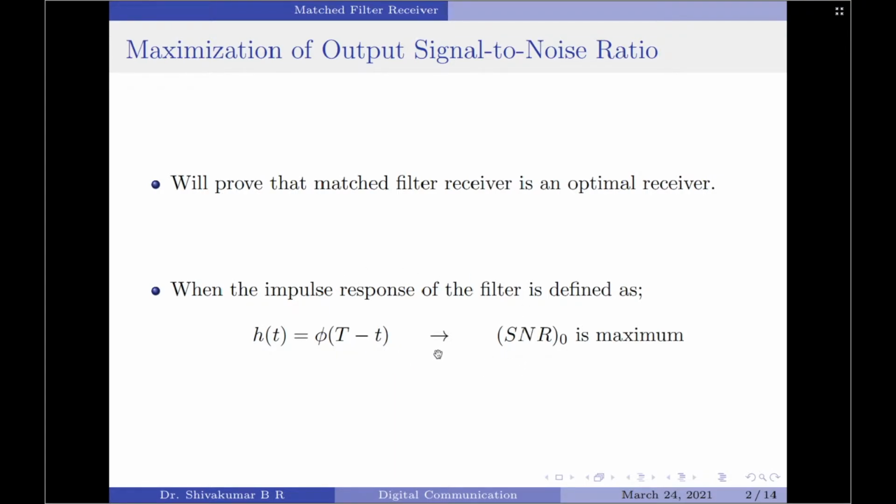If we prove this, then that proves that the matched filter receiver is an optimum receiver. The reason behind setting h of t equal to phi of capital T minus small t was elaborately discussed in my previous video on introduction to matched filters. I suggest you watch that video before continuing with this one. Assuming that you already have watched this video, let us continue with the derivation.